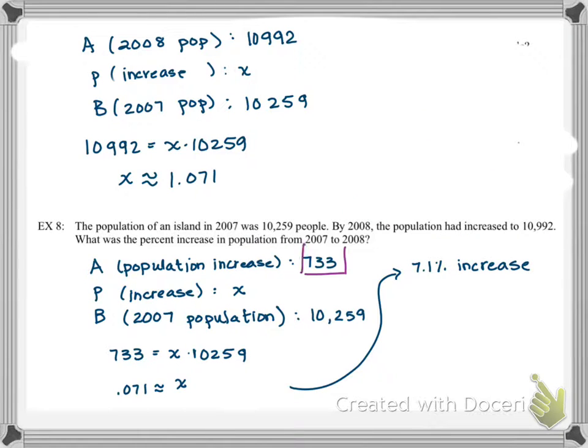The amount of people is how much my population changed by. Then when I solve, this percentage is going to be the percent that it changed by.